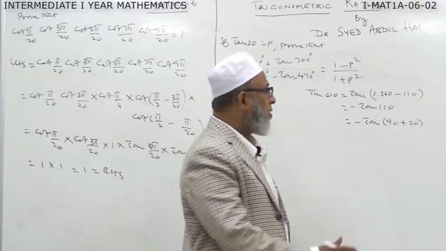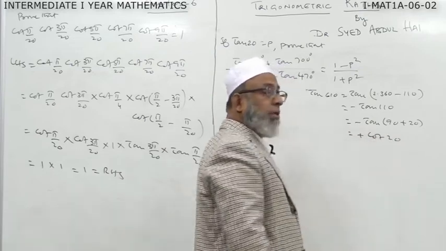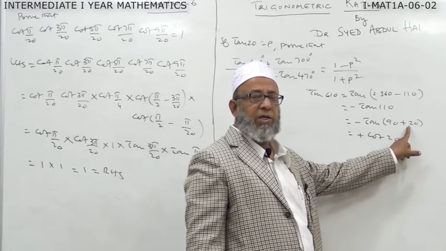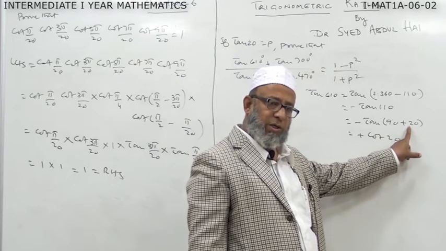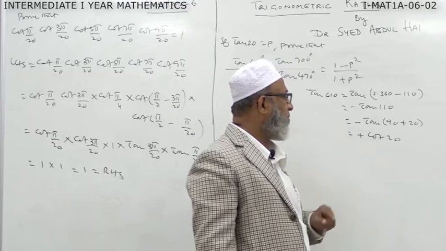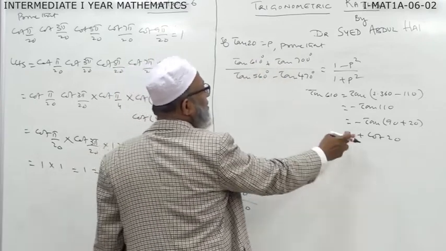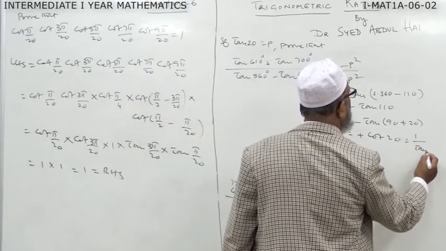Tan becomes cot. So this becomes plus cot 20. Is it clear? Minus tan of 90 plus theta comes in the second quadrant, tan becomes cot, and the sign is negative. Minus into minus is plus, so cot 20. So tan 610 can be written as cot 20, and cot 20 can be written as 1 by tan 20.